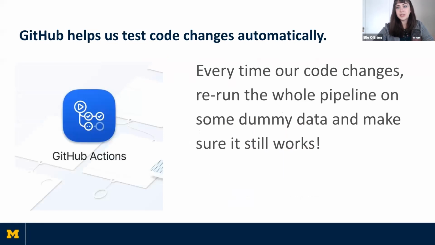So we use Git to track all of our code, and we use GitHub to help us test the code. Every time the code changes, GitHub, through their service GitHub Actions, which is free for many uses, will help us actually run all of our pipeline code on some dummy data and make sure it still works.